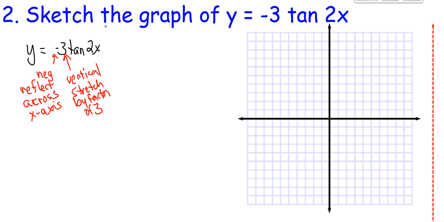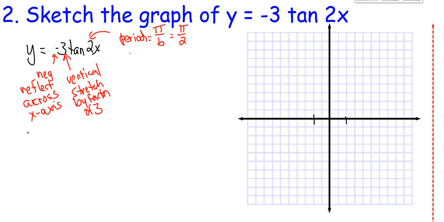And then this 2 means it's going twice as fast, so it'll be half as long. The period is going to equal pi over b. B is 2, so pi over 2. And so we want our 4 cubby holes again. It's not moving it left, right, or up, down. Well, let's see where the beginning and the end are.